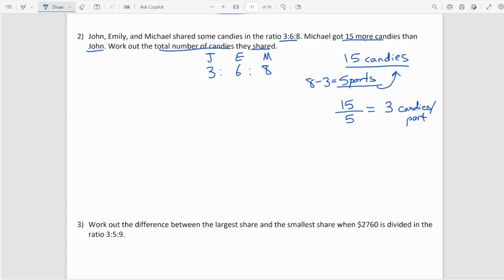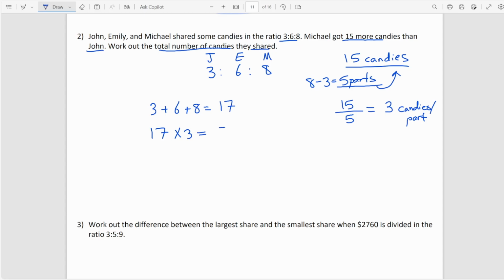Okay. So now what is the total number of candies? Like I've said in the example, you can either multiply 3 by 3 and then 6 by 3 and then 8 by 3 and add them, or simply add all the parts. So 3 plus 6 plus 8, which is 17. And then multiply the total parts by what each part represents.